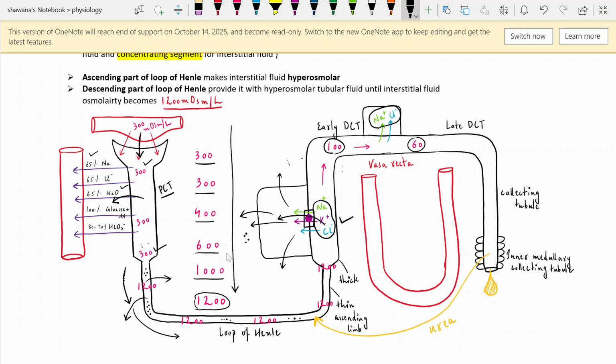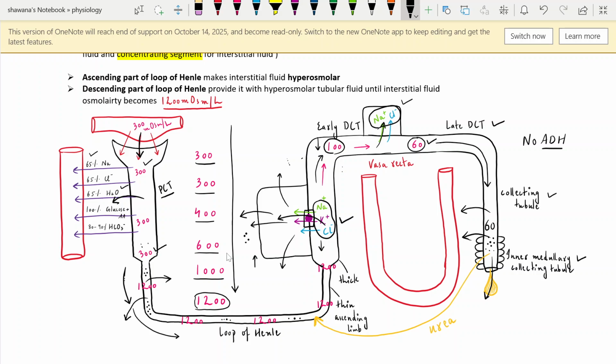You understand that it starts to increase because water has been pulled out and the solutes are concentrated in the tubular fluid, and we pass concentrated urine in small amount in the presence of ADH.